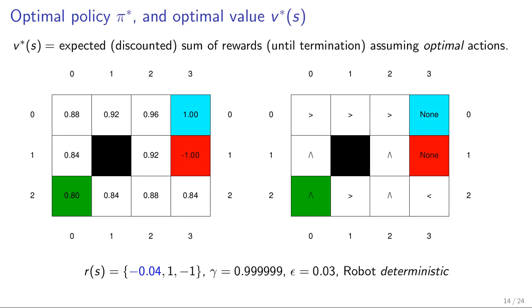Right. So here you see our familiar maze, and just a couple of things. In this case, the robot is deterministic. So that means it follows the policy, right? There's no uncertainty. Gamma is the discount factor. It has to be smaller than 1, but we can afford to have it very, very close to 1, okay? And this is the reward function, also the one with a reasonable living penalty. This epsilon is something you will encounter in the code.